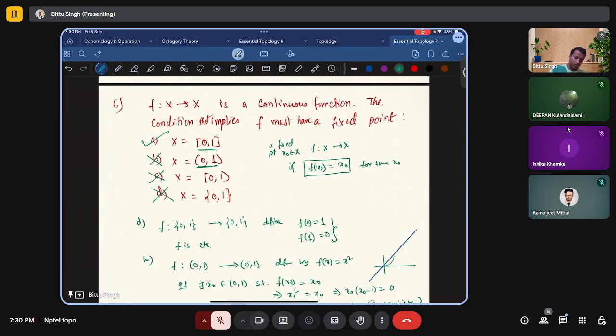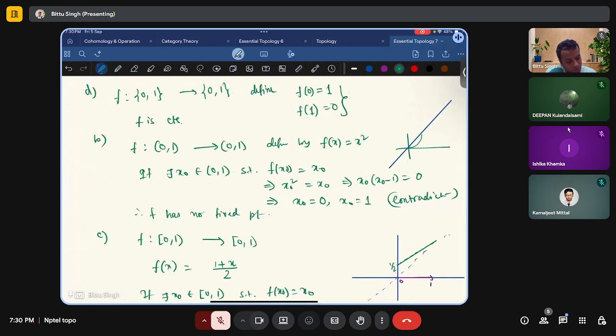The intermediate value property will guarantee there exists some fixed point if we consider the closed [0, 1]. So closed [0, 1] means this kind of range, the domain, and this is the domain cross codomain, [0, 1] cross [0, 1].